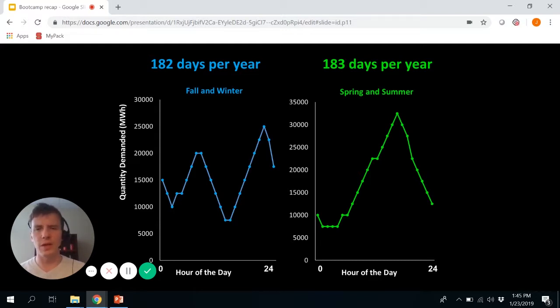Fall and winter days have higher electricity demand in the late morning and evening, and low demand during the middle part of the day. For spring and summer, we have lower demand in the early morning and late night, and higher demand in the middle part of the day, which would be associated with people using air conditioning more.